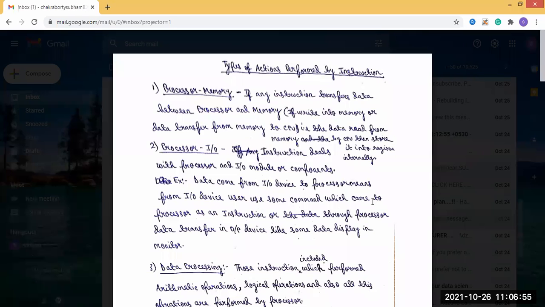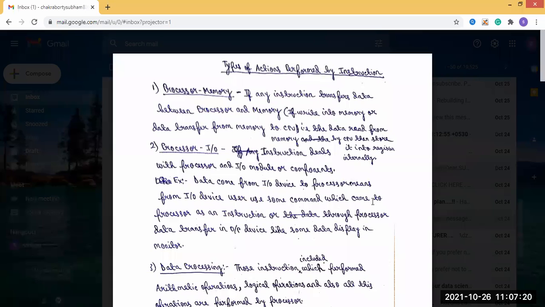Now, what does this mean? This means if any instruction transfers data between processor and memory, then it will be of the type of action processor to memory.